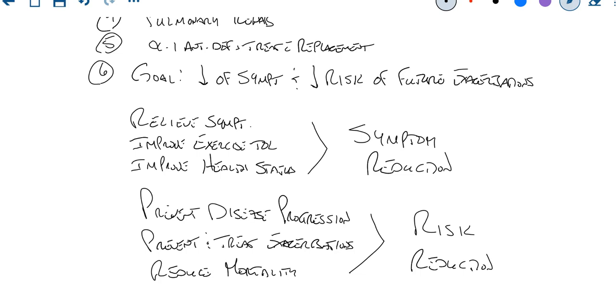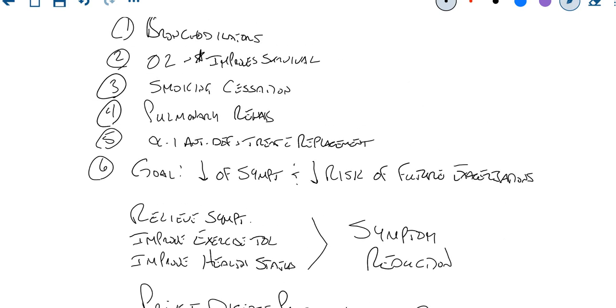Again, main treatment goals, reduction of symptoms and future risk of exacerbations. And then also keep in mind that your treatment modalities are not limited to just pharmacological treatments. You also have other complementary non-pharmacological interventions. That's mentioned up here most prominently, pulmonary rehab.